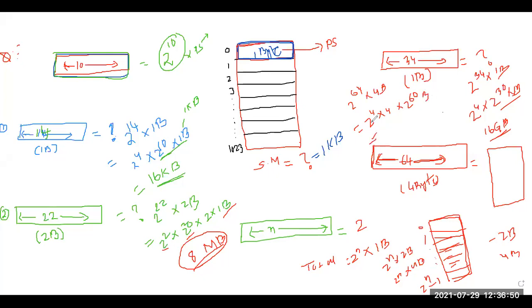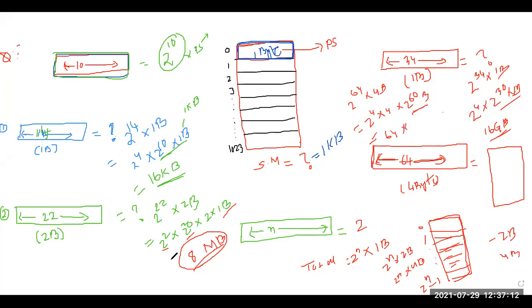Now if I convert this one, it will be 16 into 4, how much? 2 to the power of 2, no? 2 to the power of 6. What is 2 to the power of 6? It is 64. Yes, 64. Now, how to convert this one?